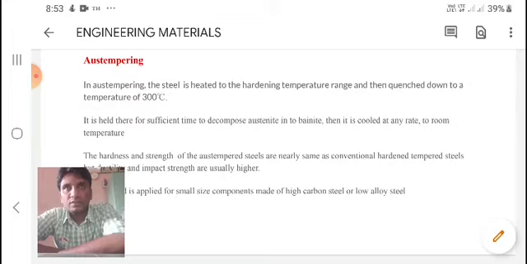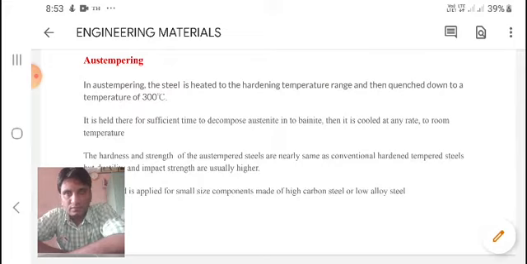In the previous videos, we have discussed the various heat treatment processes, the purpose of heat treatment, and the types of heat treatment processes.